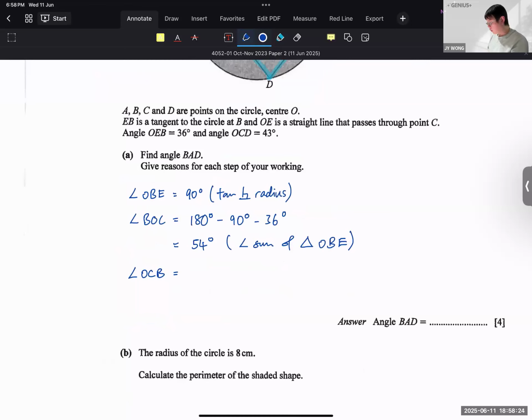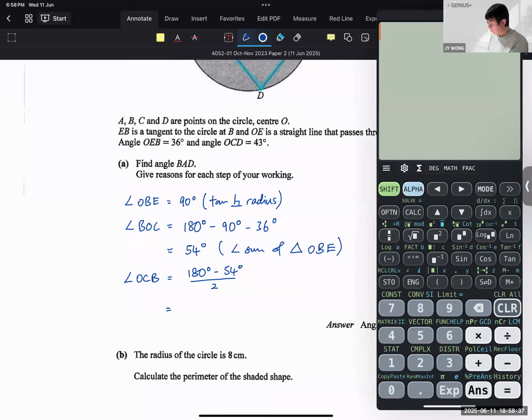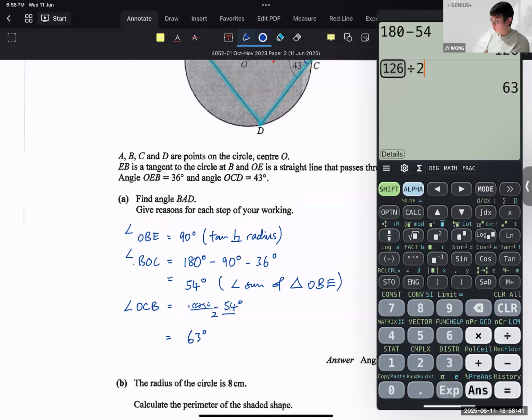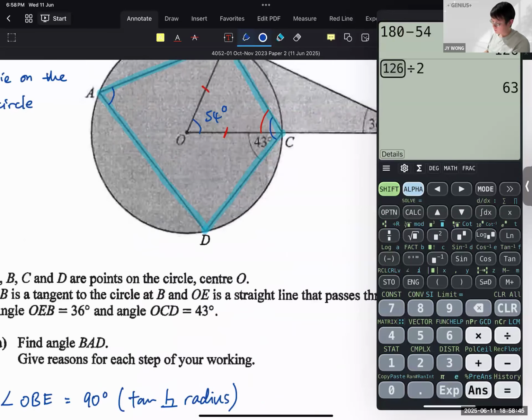Then angle OCB, therefore, is just 180 minus 54 divided by 2, which will give me 63. So I will find that this angle is 63 degrees because base angles of isosceles triangle COB, right?